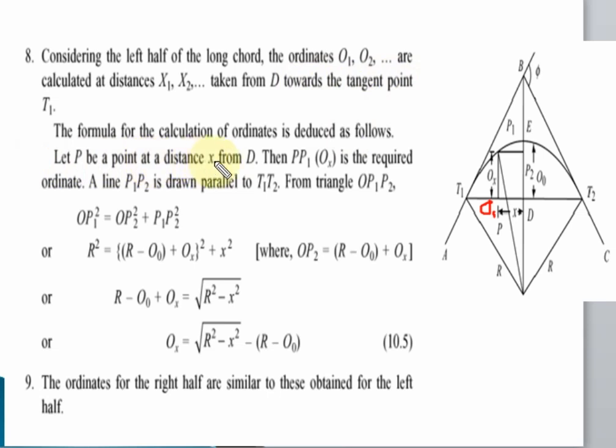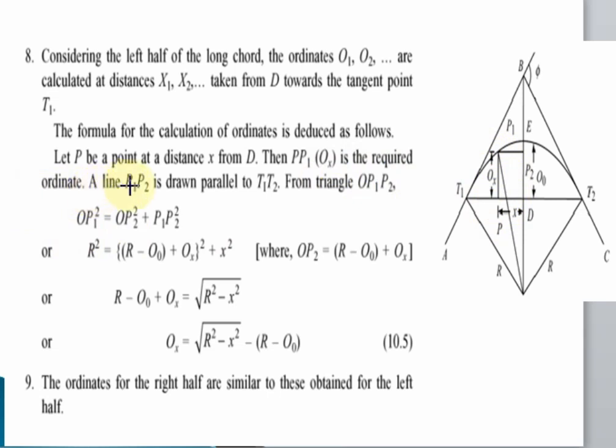Let P be the point at a distance x from the D. Then PP1 is Ox, you have to write it as Ox, the required ordinate.